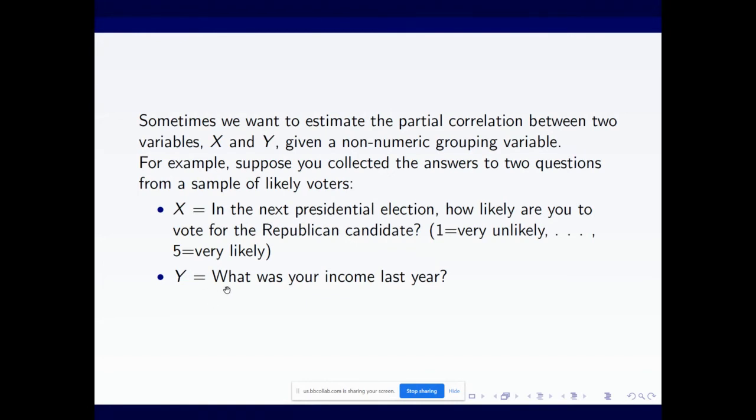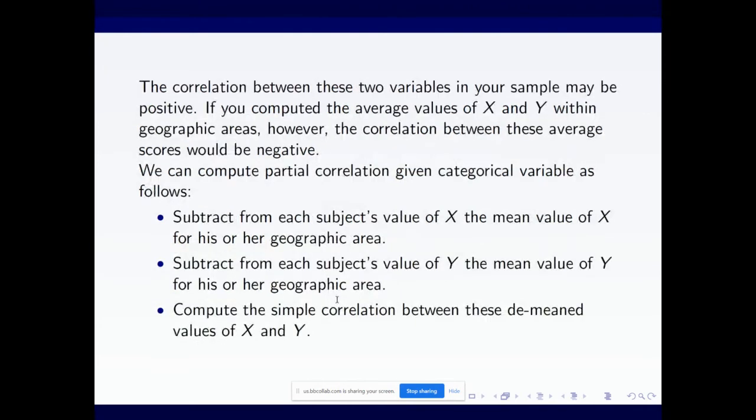And then y is: what was your income in the last year. The correlation between these two variables in your sample may be positive, but here we have to consider one confounding variable.